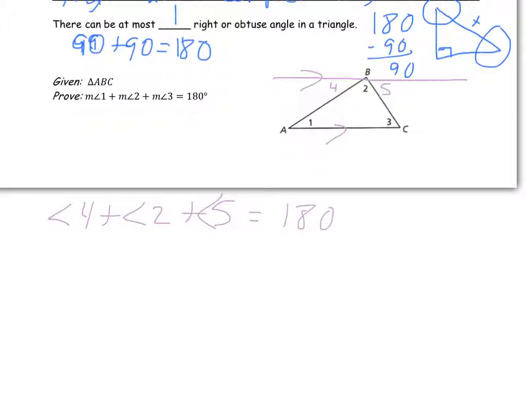Well, because parallel lines are parallel here, angle 4 and angle 1 are alternate interior angles, so angle 4 is congruent to angle 1. Likewise, angle 5 is congruent to angle 3.